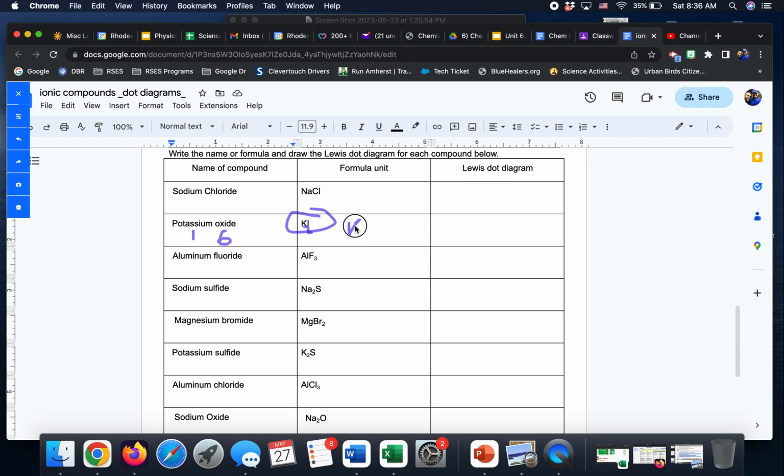So just like above, K loses an electron and becomes positive. I needs to gain 2 electrons, which would make it a 2 negative. And that's not balanced. 1 and 2. That's why we needed to put K2 there, and we have another K.